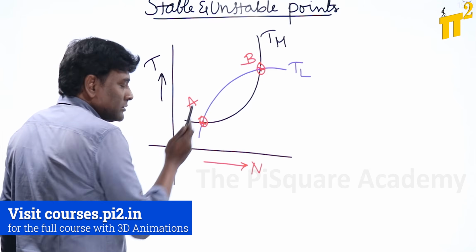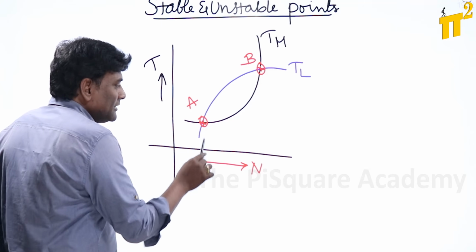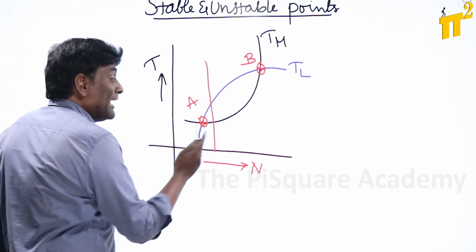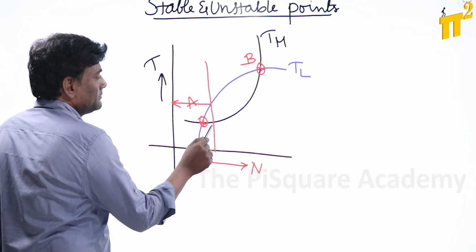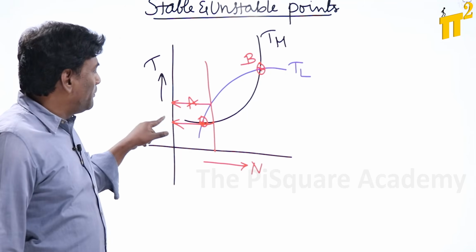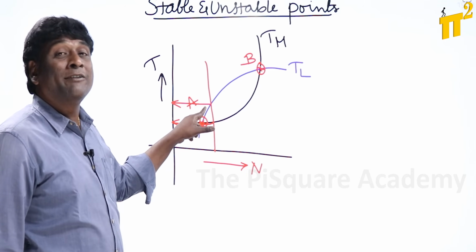No, that is the interconnection point. After that, drive one line in the direction of increasing speed. If you think of here and here, black is the torque developed by the motor and blue is the torque requirement of the load.